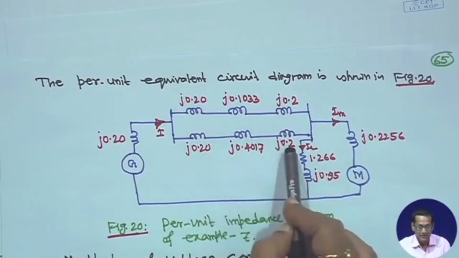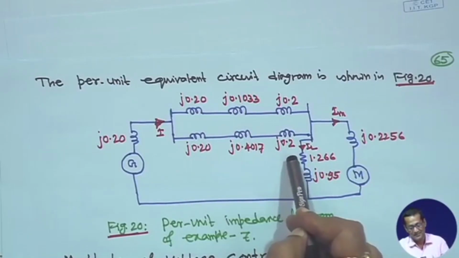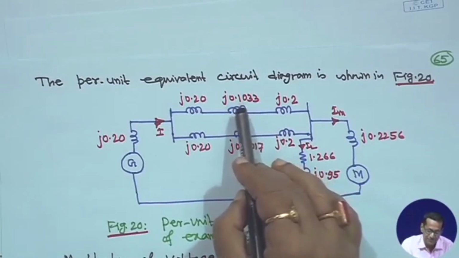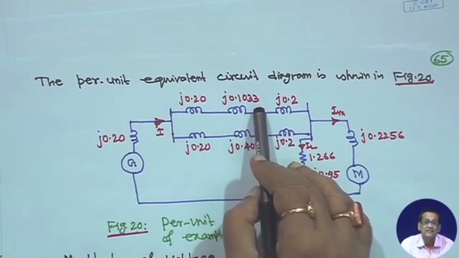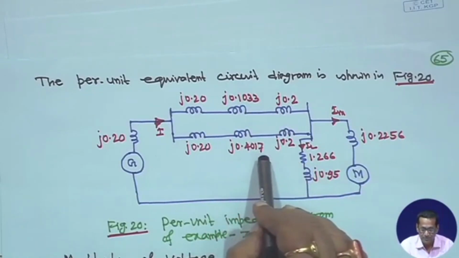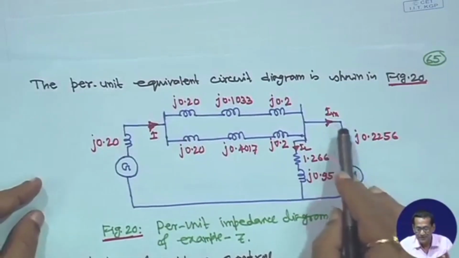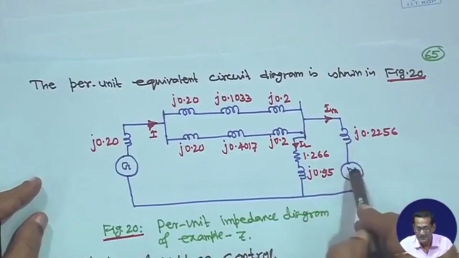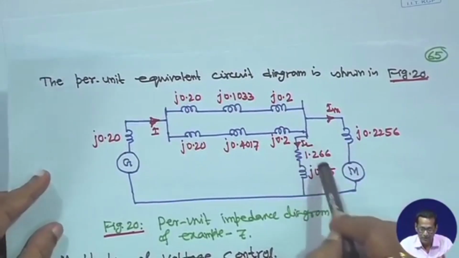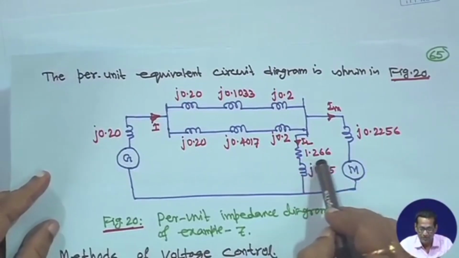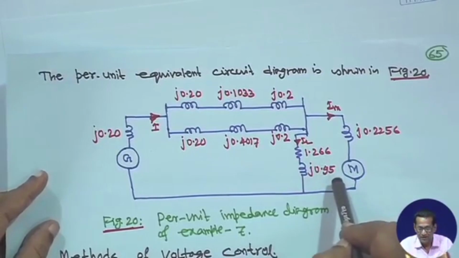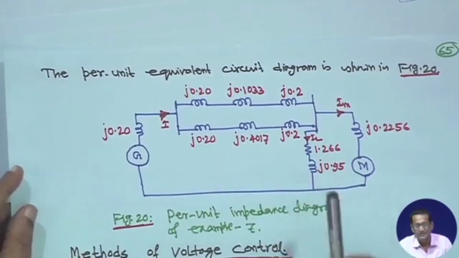T1, T2, T3, T4 have j 0.2 after conversion, but this line is 0.1033 and this is j 0.4017. The motor and load are in parallel. The motor side is XM 0.2256, and the load resistive part is 1.266 and j 0.95. So, this is the per unit diagram.